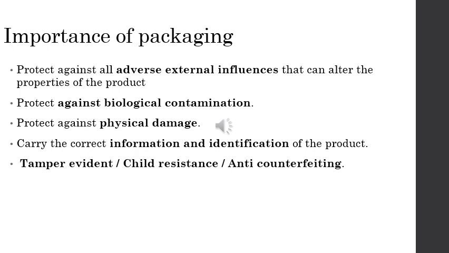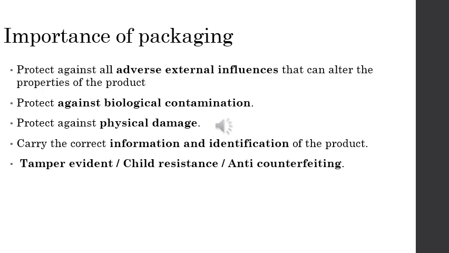Then it will also carry information regarding the dosage form, how it is to be taken, and the identification of the product. Apart from this, we have special packages called tamper evident, child resistant, and anti-counterfeiting. Tampering is when products are interfered with, leading to damage or mixing, which is called unauthorized alteration.